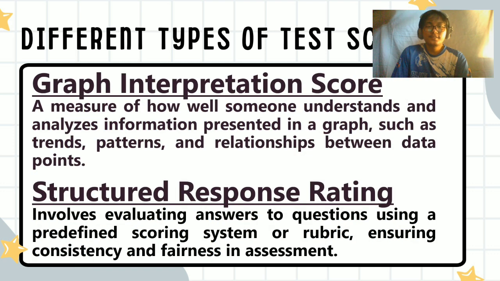Next would be the graph interpretation score. This type of test score involves organizing raw scores into a graph, which the facilitators can use to see if there are any patterns present that would tell them if the students have a weakness on a particular question or a particular part of the instruction.